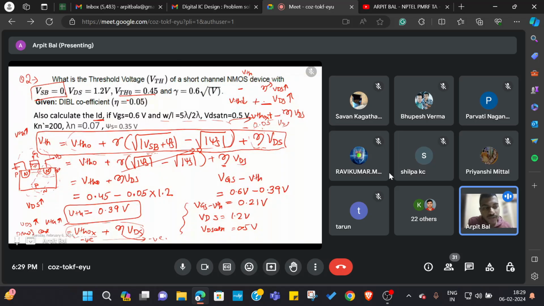I took two cases, one NMOS and one PMOS. In both cases I have taken the source to be ground and I'm increasing this particular potential.